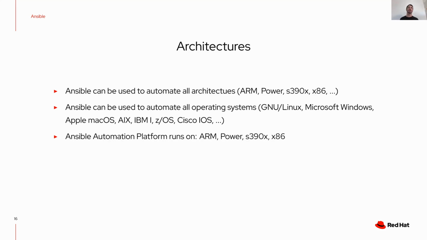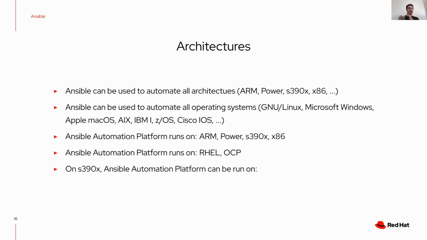And also, the operating system that you will need to run AAP, either RHEL or OCP, you can run it on OpenShift or Red Hat Enterprise Linux.